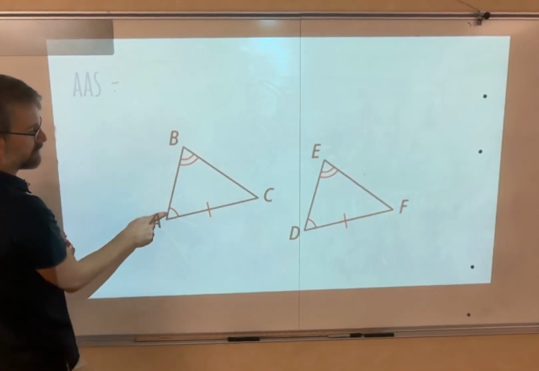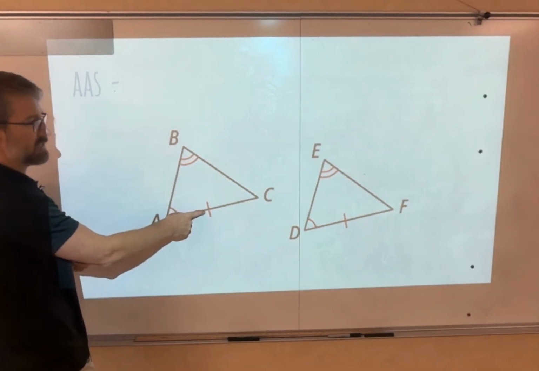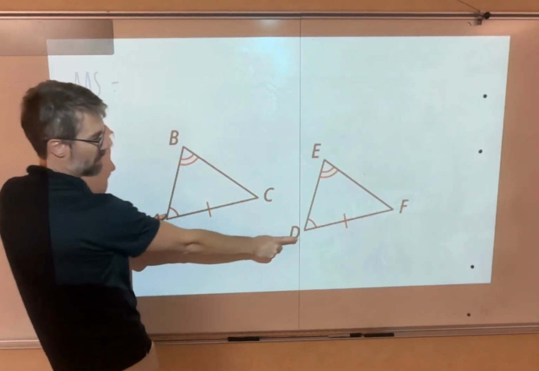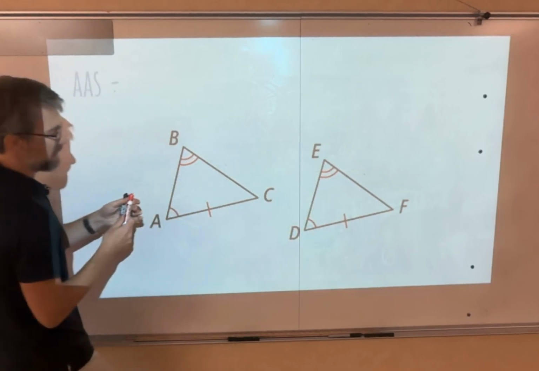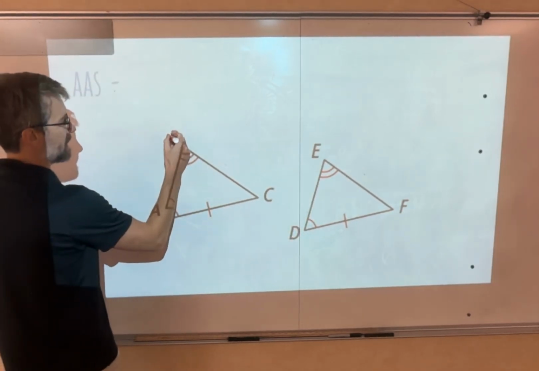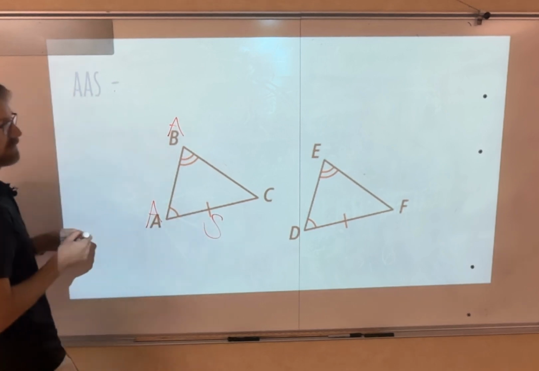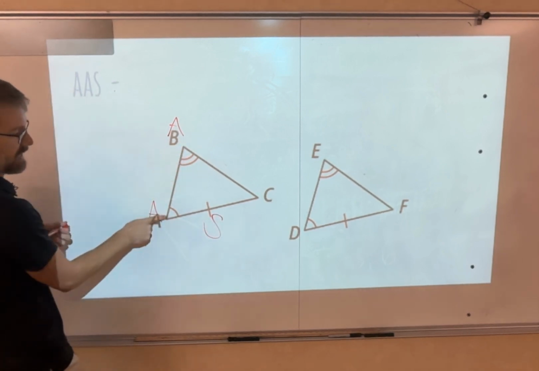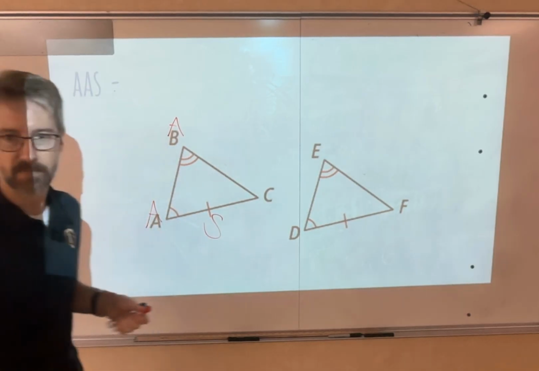So if I have two angles and the side that's not in between them, one of the sides not in between them, so like these two congruent angles, two congruent sides, and the order of them, it's an angle, then a side, right? Where I've got an angle, the next angle, and one of the sides connected to it. That's angle, angle, side.